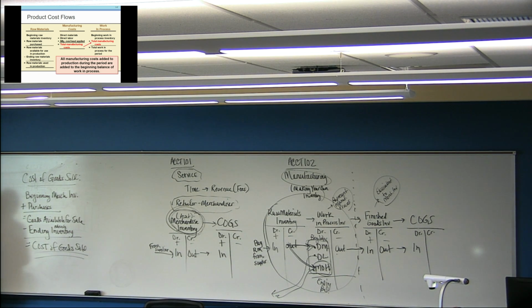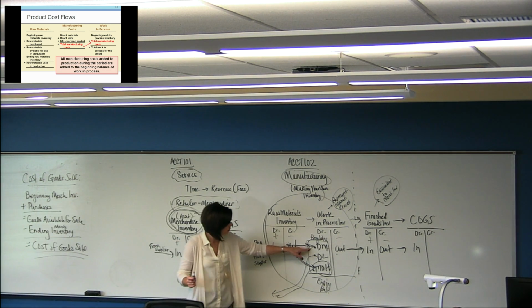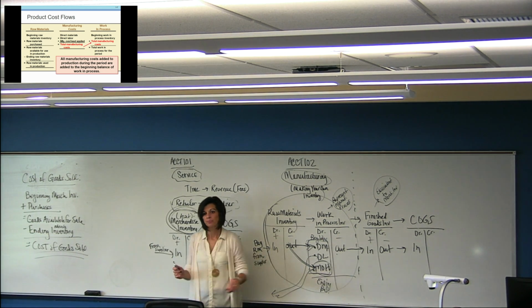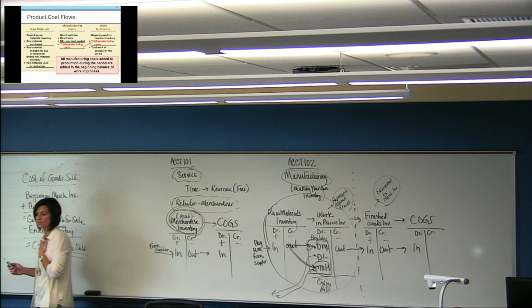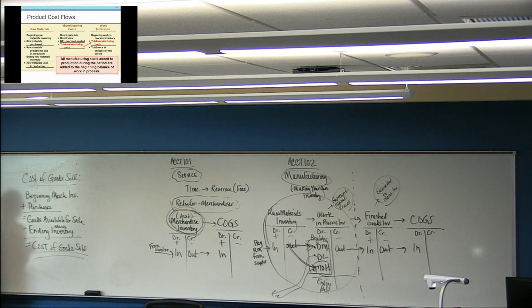But here, I'm adding to my work in process my total manufacturing costs. Isn't that what I've added here? 1, 2, 3. Okay? My total manufacturing, I'm making my own products, right? To give me total work in process for the period, just like I got total goods available for sale and total raw materials available for use in production. You see, it's the same formula. I'm just changing my words a little bit, right? To accommodate the kind of inventory account that I'm talking about. It's the same exact formula every time in every inventory account. Okay, so total work in process. What do you suppose I subtract from there?